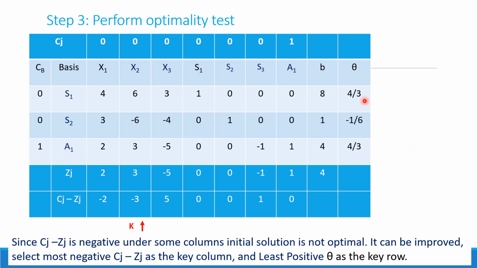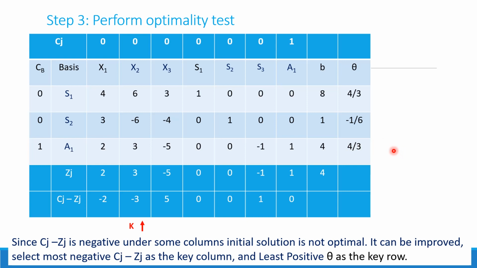Now if I see here, we have 4 by 3, that is a positive value, we have minus 1 by 6 and another 4 by 3. So we have a tie between these two thetas. They both are the same and both are least positive. If such a tie happens, you can select arbitrarily, you can select this one also and you can select this one also as a key row.